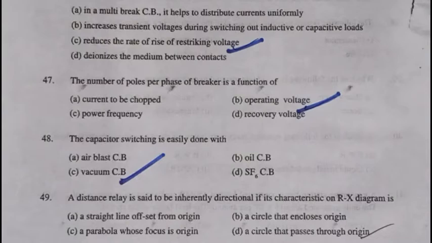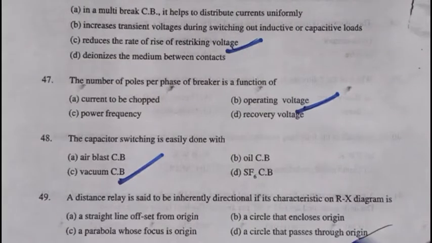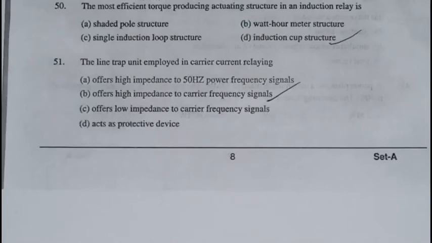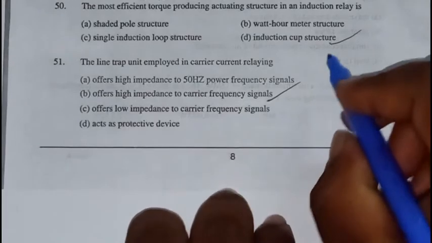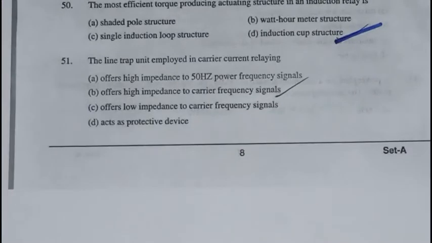A distance relay is said to be inherently directional if its characteristics on R-X diagram is a circle that passes through origin. Question number 50. The most efficient torque producing actuating structure in an induction relay is induction cup structure.